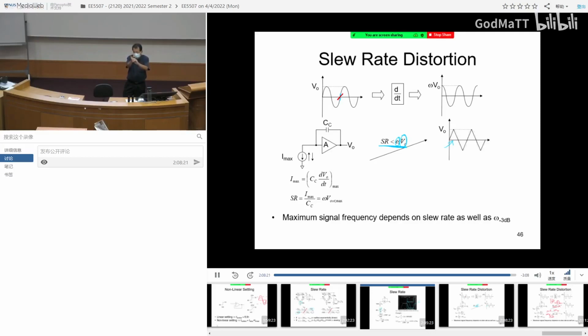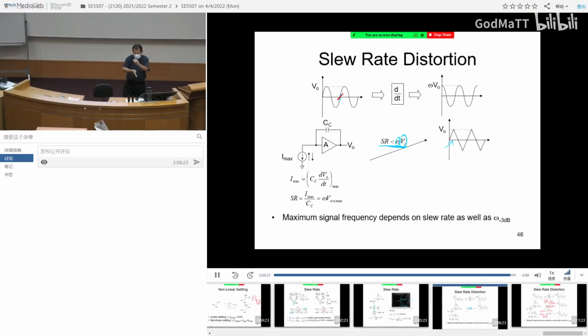Right? So because of this, my sinusoid will not be able to rise according to what I want. It can only rise according to what I can get. So that's why you end up having a triangular wave. Okay? So distortion will happen. If the slew rate is bigger than omega V naught, then no problem. You will get the sinusoid.